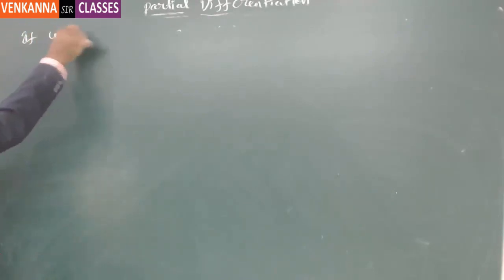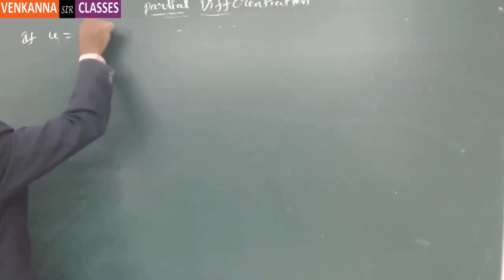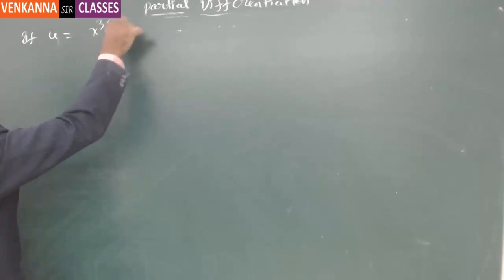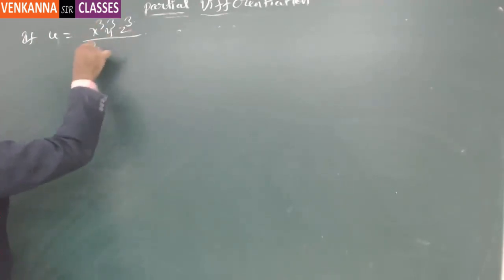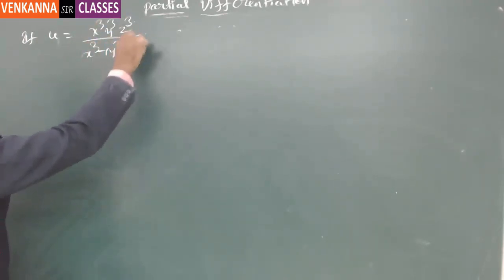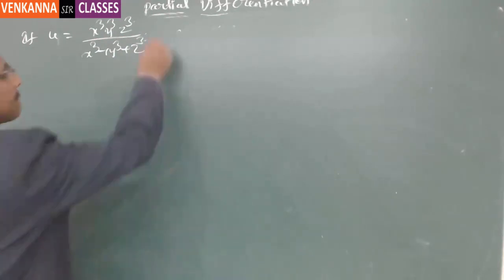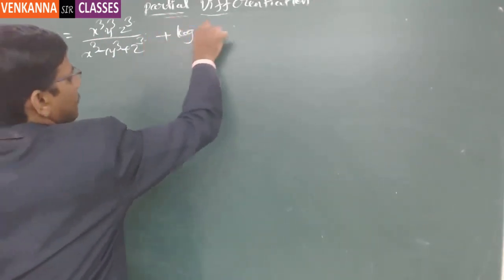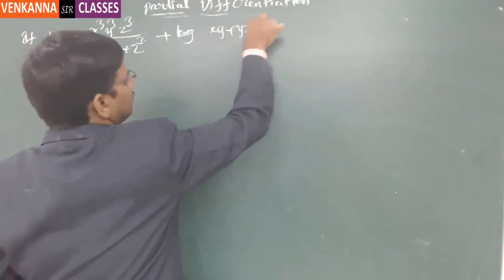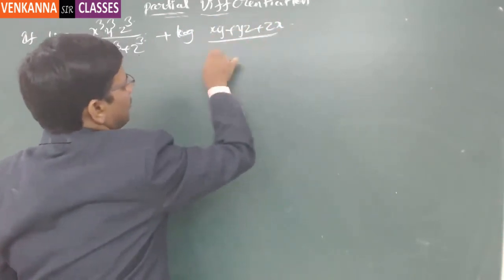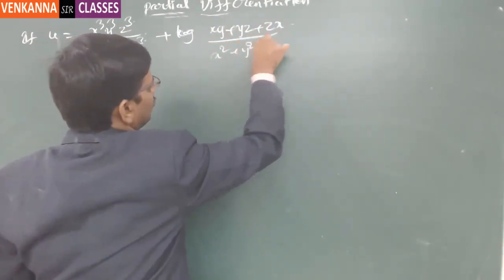If u is equal to x cube y cube z cube divided by x cube plus y cube plus z cube, plus log of (xy plus yz plus zx) divided by (x square plus y square plus z square).